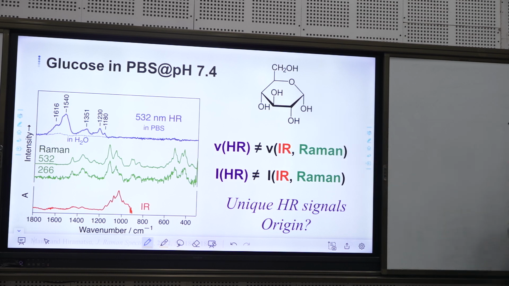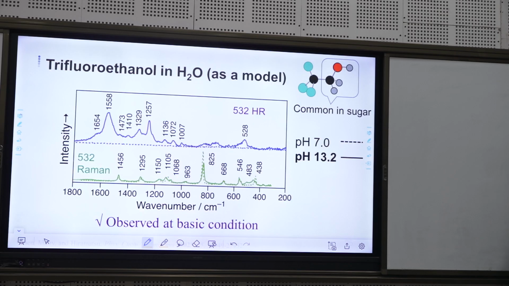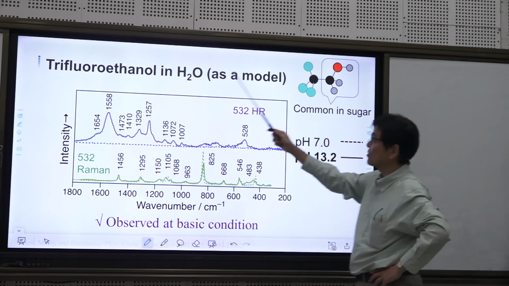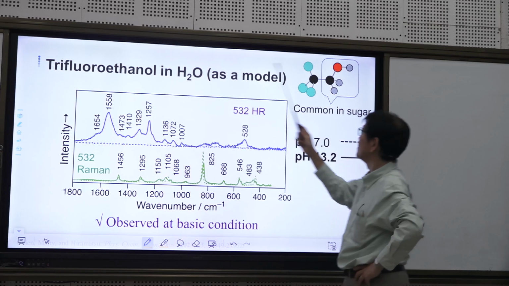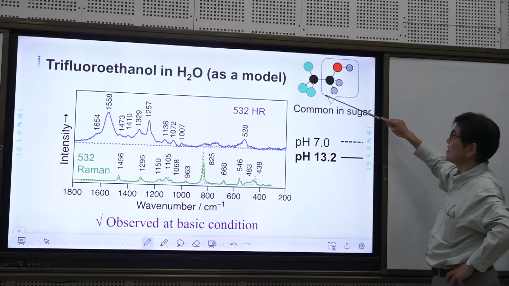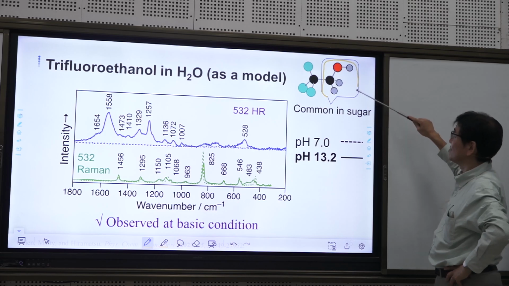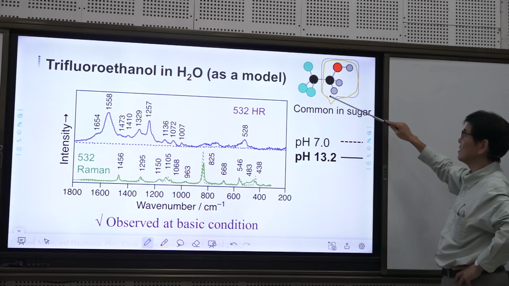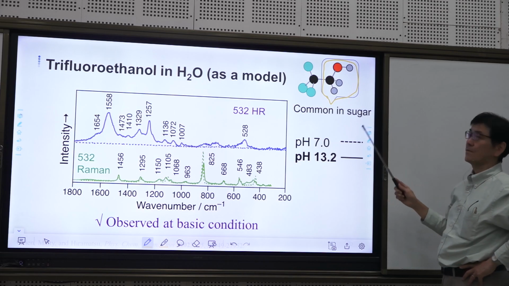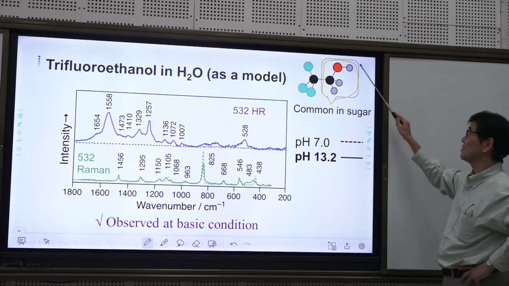It looks too large, so let's pick a model compound. We chose trifluoroethanol because it carries a CH2OH group, which is also seen in the sugar. So let's see what happens on this part.